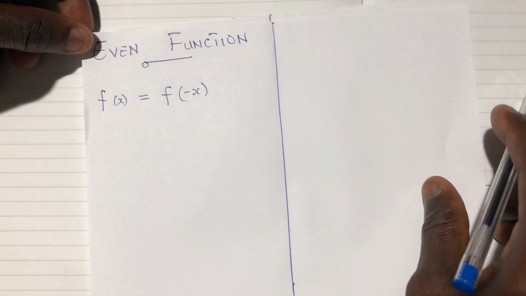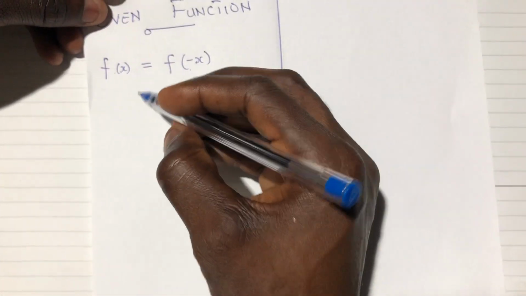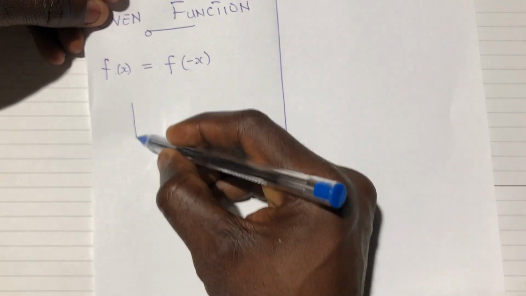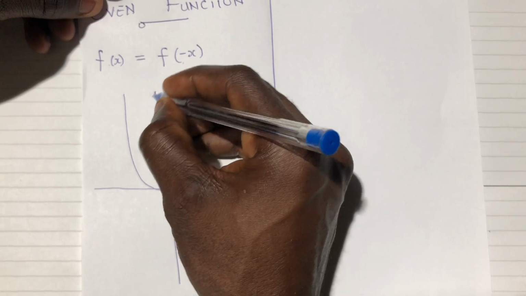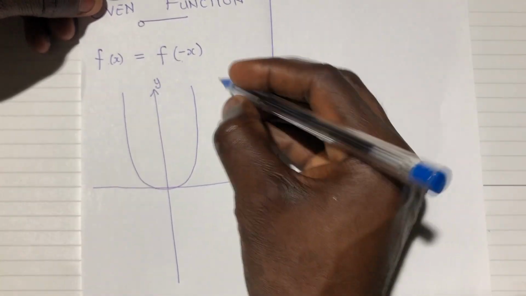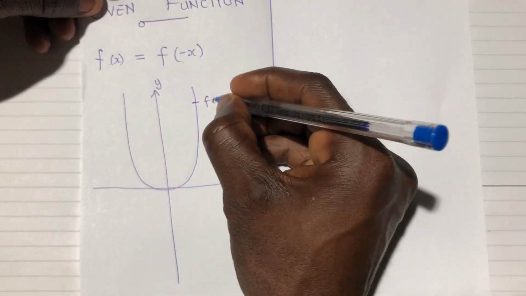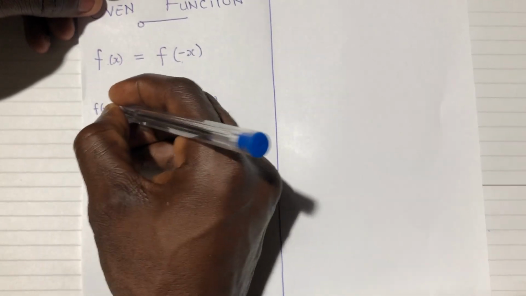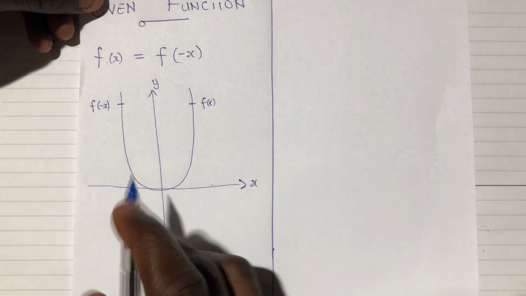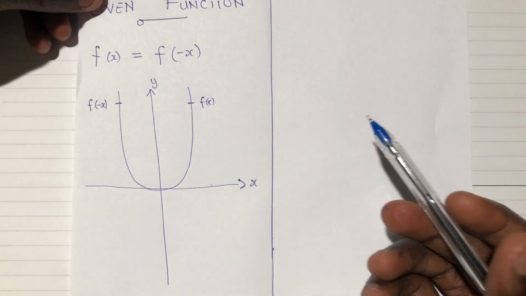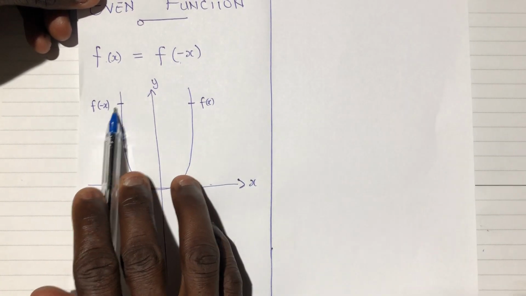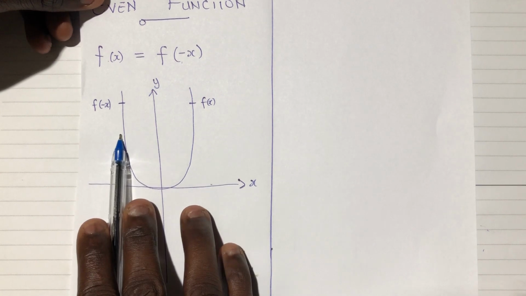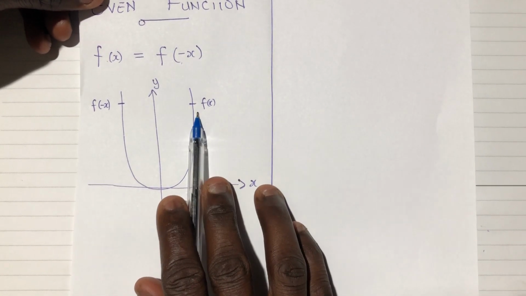If you still don't understand, let's use this diagram to explain. If I have a graph appearing in this form, and this is my x-axis, this is my y-axis, this is my f of x, this is my f of negative x. So what we mean is that the graph of an even function is symmetric in nature. The left-hand side of the graph is a mirror image of the right-hand side.